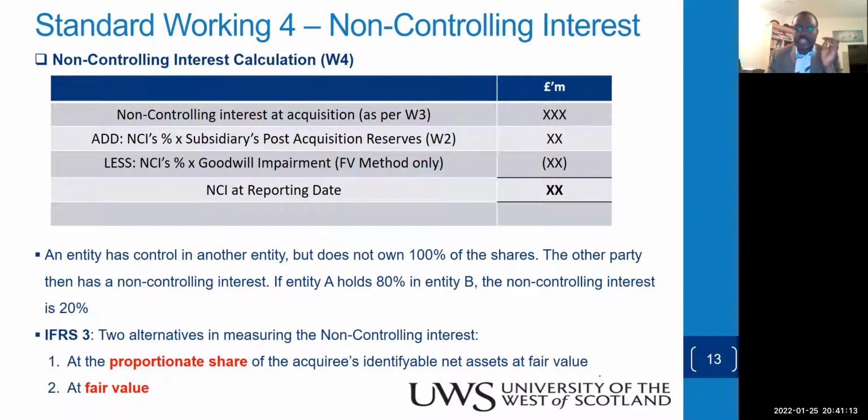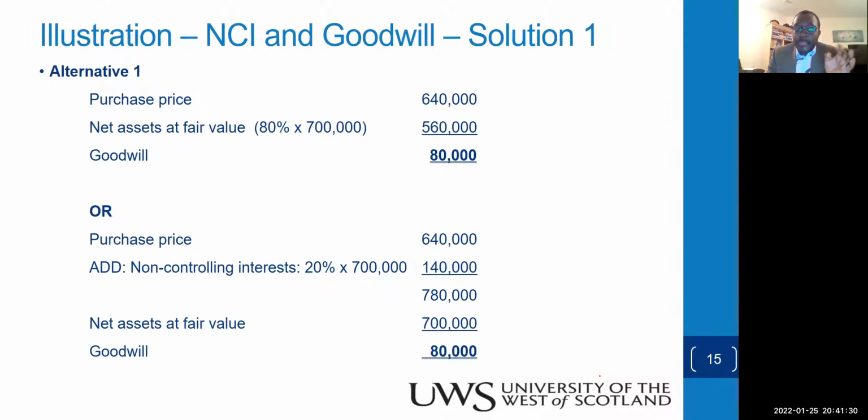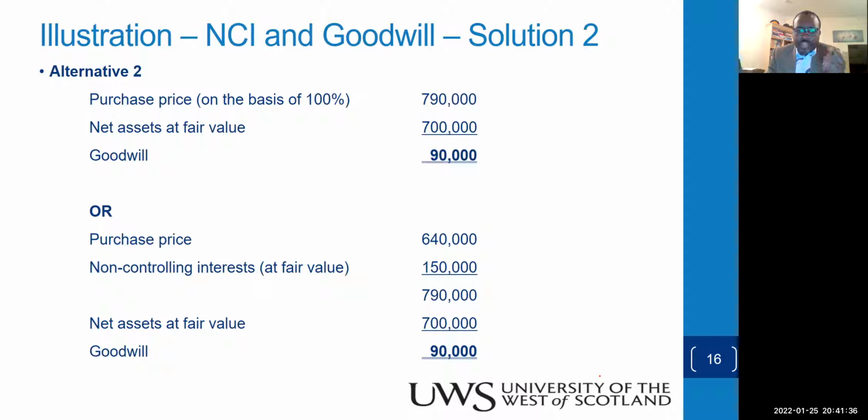Two alternatives for computing our NCI: at proportionate share of the subsidiary's identifiable net assets or at fair value. Or sometimes we may be asked to compute it ourselves. So we have an example here, NCI and goodwill, looking at both alternatives: alternative one and then alternative two. Fair value, proportionate share.